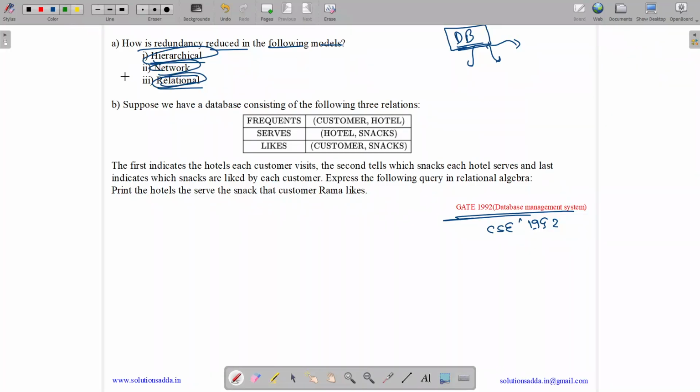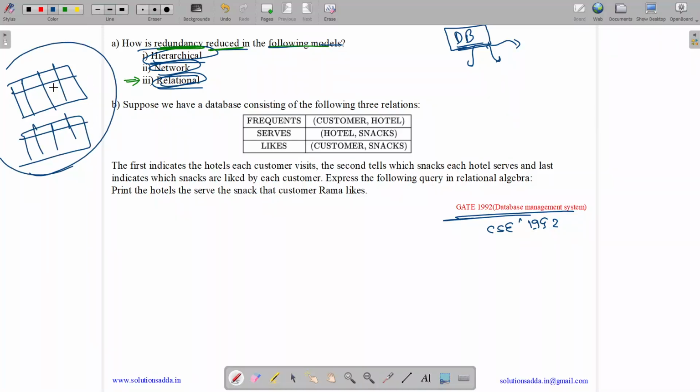In the GATE syllabus, you just have the relational model. Now it is asking, how can you reduce redundancy in the relational model? In the relational model, you store the data in the form of tables. Redundancy occurs when the same data is present over multiple tables.